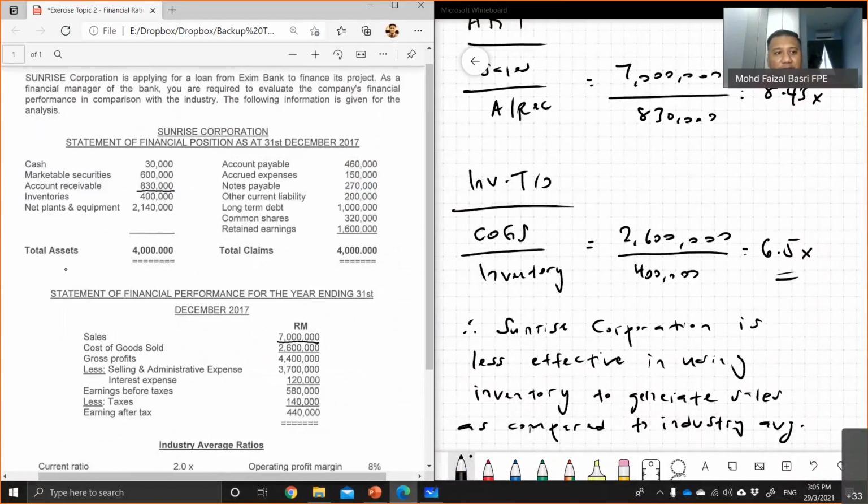Because the rest, if you remember, last week we defined the current assets as from cash until inventories. And then net plant and equipment is your fixed assets. So to calculate the fixed assets turnover, we use 2.14 million. To calculate the total assets turnover, we use 4 million. And sales will be 7 million for both ratios.